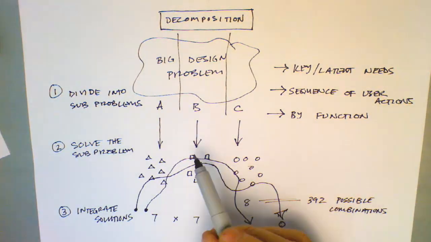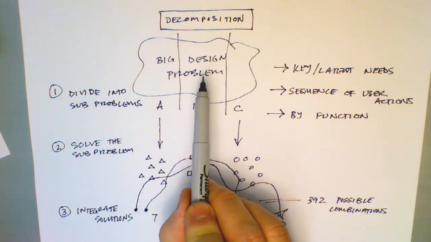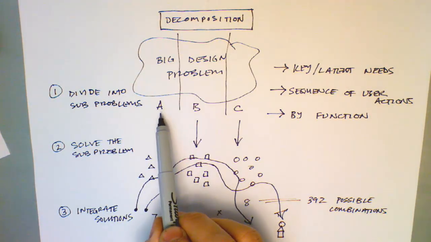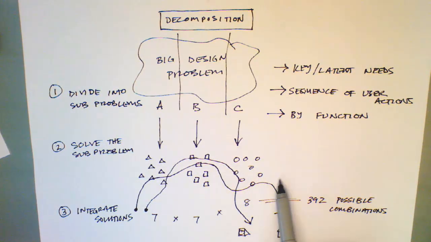The whole idea is that for most people, while the big design problem might be unwieldy, if they can break the problem down into a smaller problem, they can more readily solve that smaller problem. Once you've solved those 2 or 3 or however many subproblems in isolation, then that integration or combination step is more straightforward and will lead you to a bunch of different ideas.